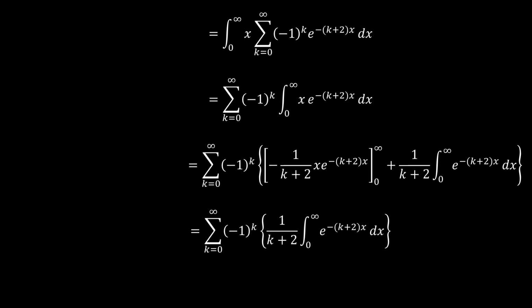This comes from considering initially that this is our u and this is our dv, such that v here is going to be negative 1 over k plus 2 times e to the power negative (k plus 2)x.